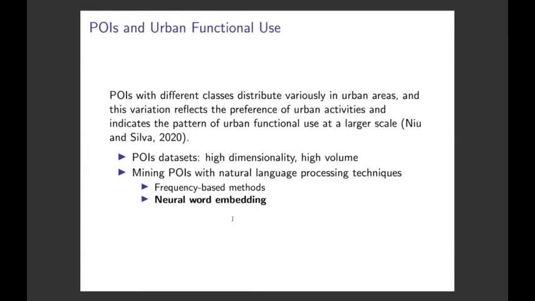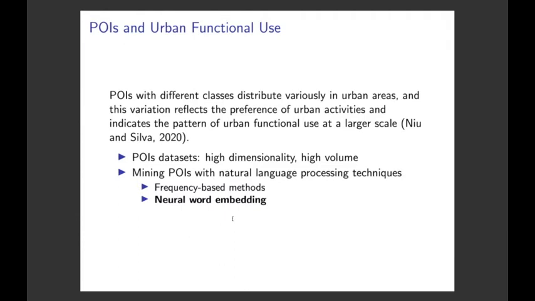In processing point of interest data, we have to deal with some problems. For instance, this kind of dataset is quite large, and considering the classes of POIs, there might be hundreds or thousands of types of POIs.